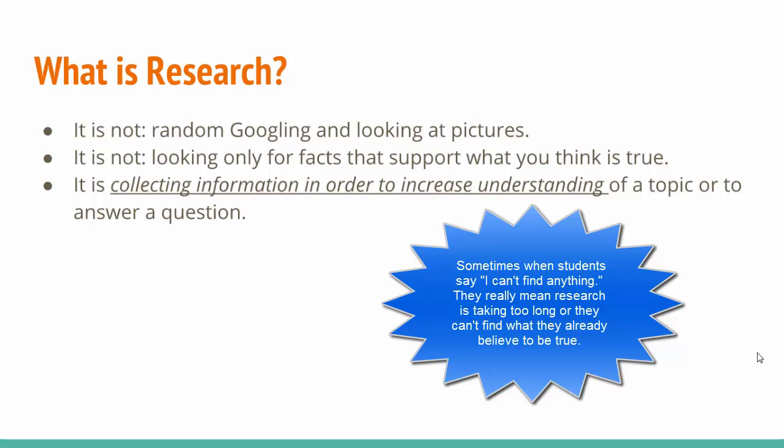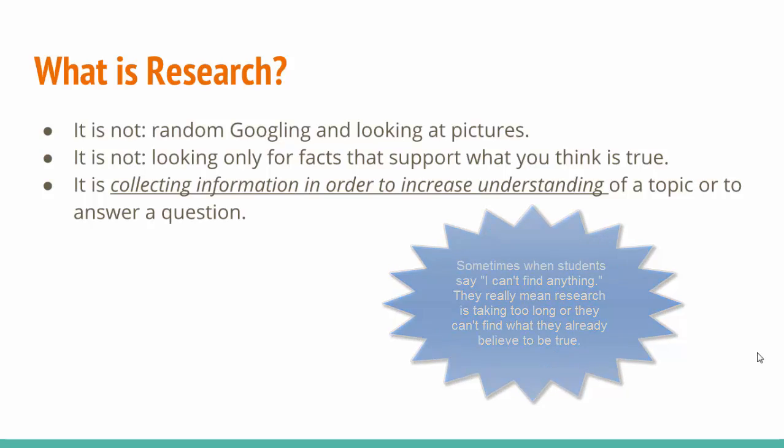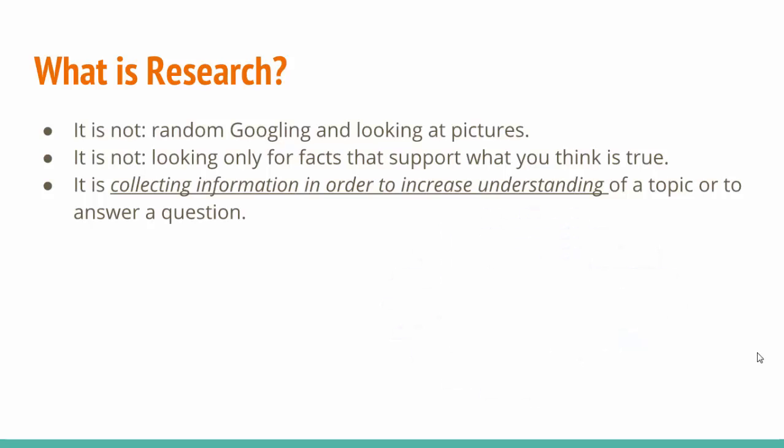One of the things that students do, their complaint will be, I can't find anything. And while that can be true sometimes, you have to remember two things. First, research takes time. If you have 2 weeks to write a research paper, up to half of that time should be spent just finding your information. The second thing to remember is that you should not go into research thinking that you already know what the topic is about.